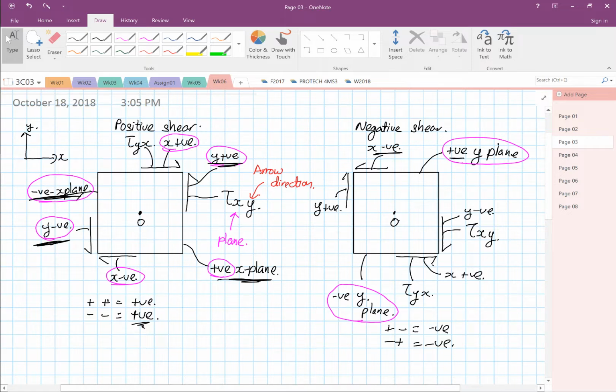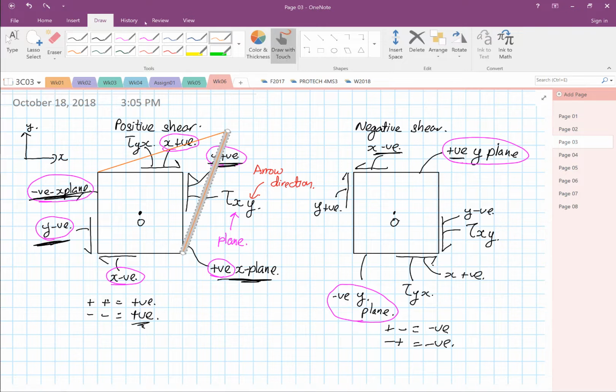The next thing I'm going to draw is how the elements will be deformed. If you look at the arrow and you squeeze the arrow, you compress the arrow, this is how the element will deform. If you squeeze the element, the element will deform this way.